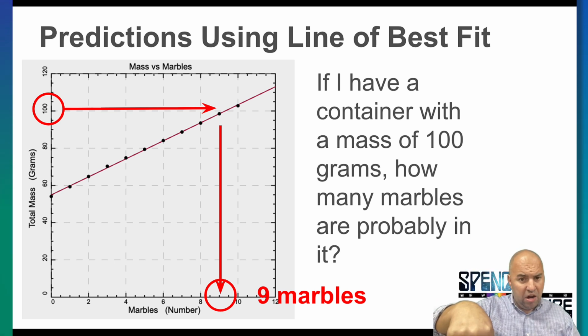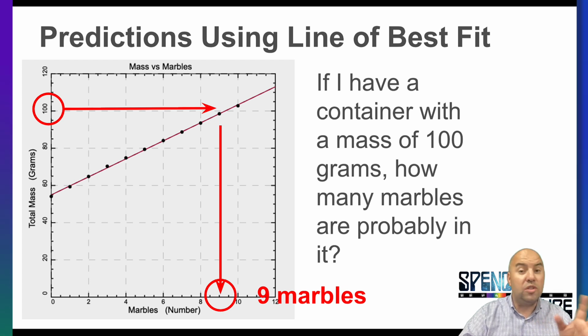If you're at about 100 grams, you're probably going to have around 9 marbles there. So that's one of those easy ways of using the line of best fit, or the data, to make some predictions.